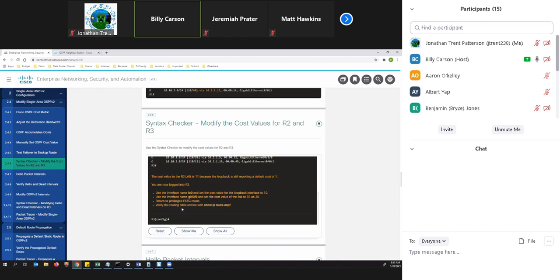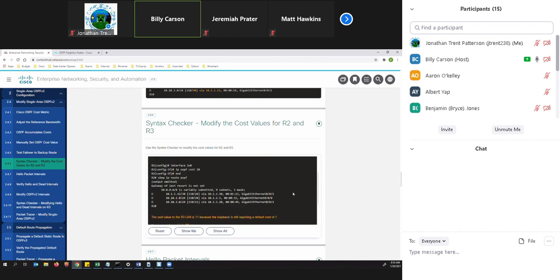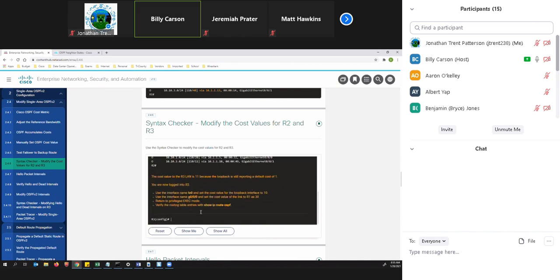Okay, so now looking here, 10 cost OSPF. So let's set it up. What does it want us to do?